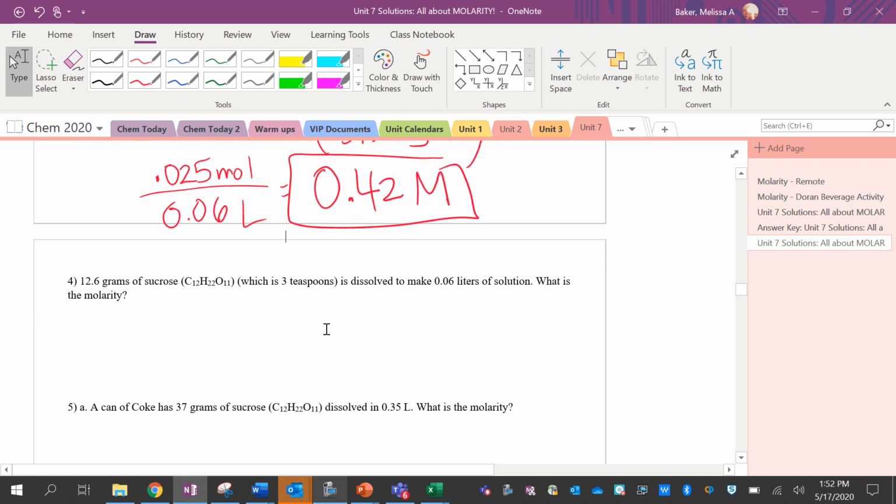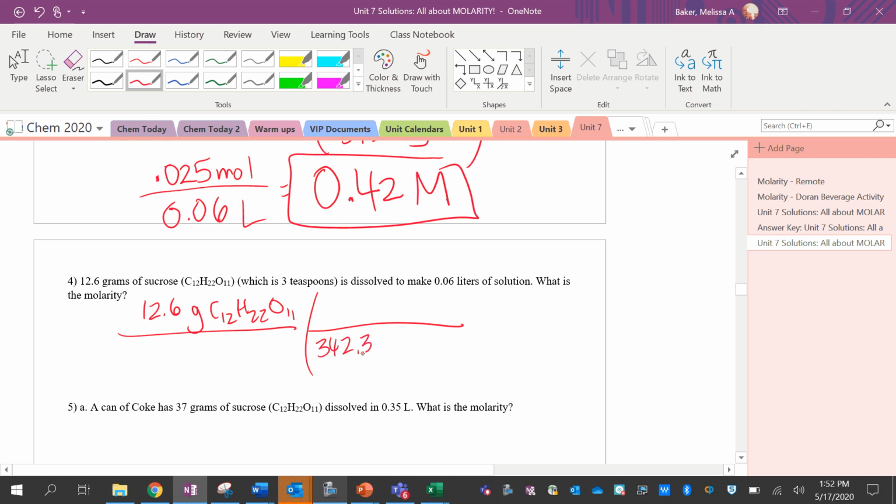All right, next we've got 12.6 grams of sucrose, and we want to figure out what was the concentration when we added 3 teaspoons. Once again, divide by 342.3 grams and punch this into your calculator.